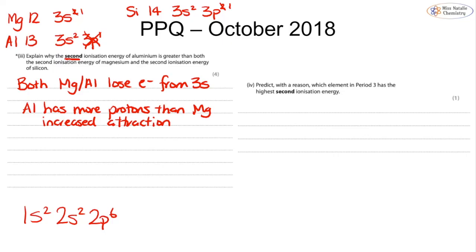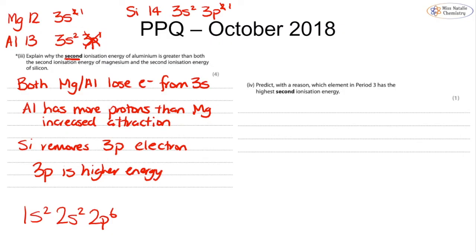When we're looking at silicon, we're saying that for silicon, we remove a 3p electron. And the 3p electron is going to be a higher energy than the 3s. So 3p is a higher energy than the 3s, so it has a lower ionization energy.